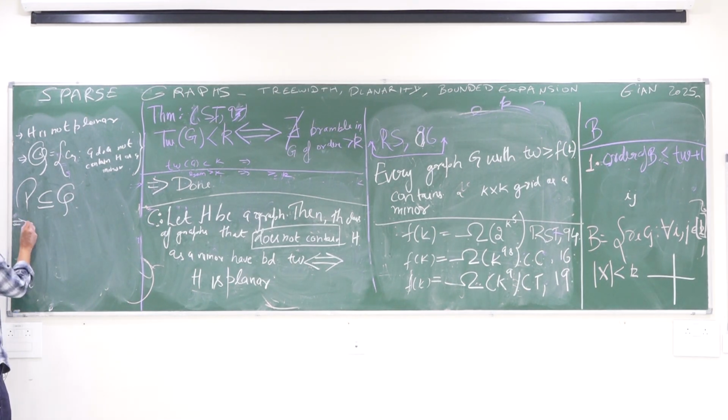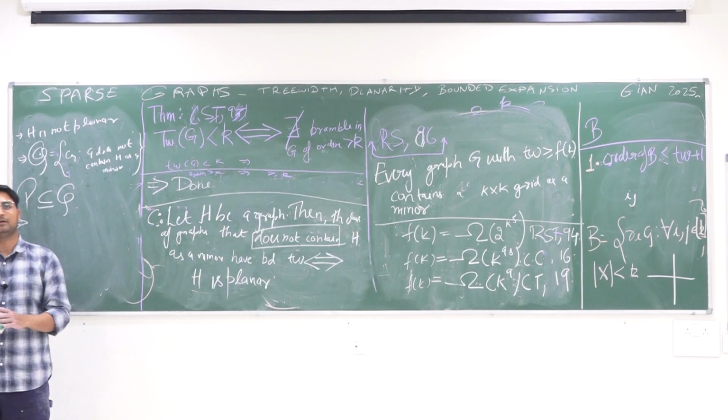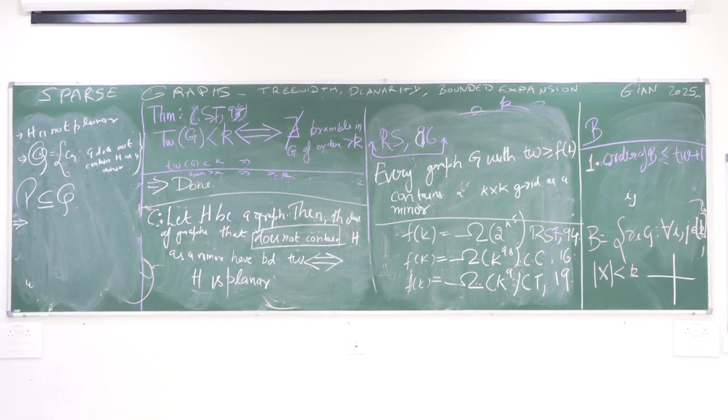On the other hand, I think for this you have to observe that taking a minor of a planar graph is always a planar graph.